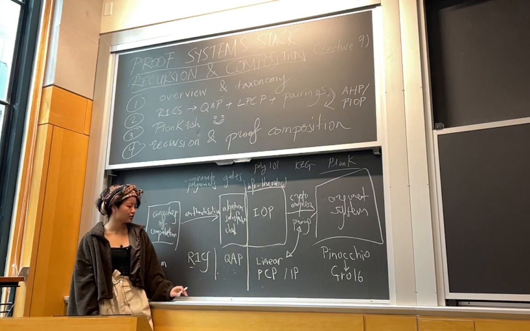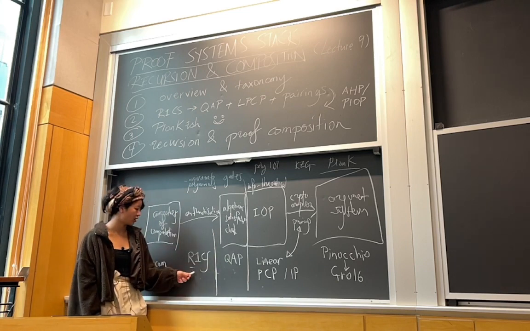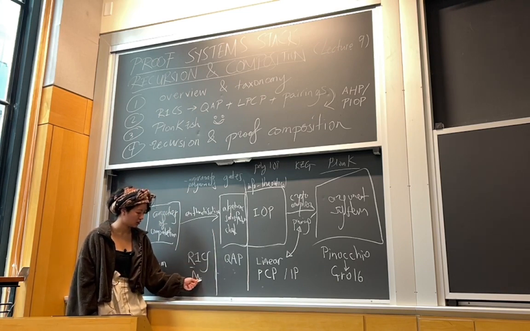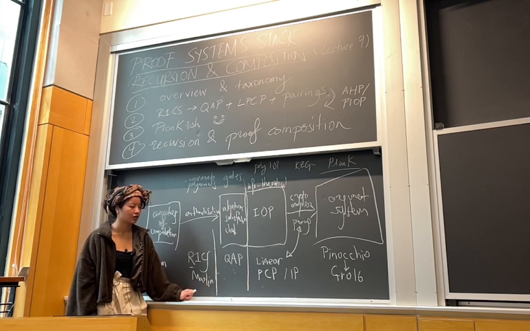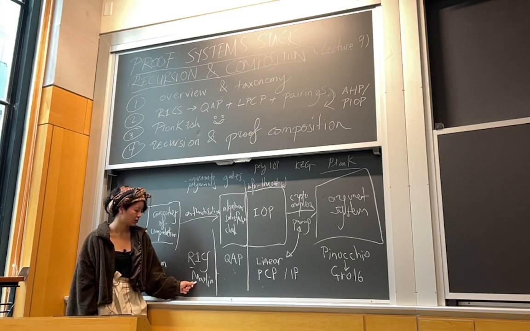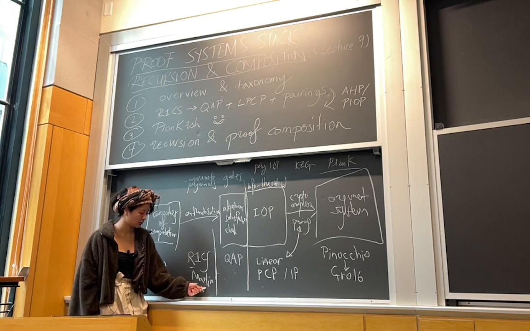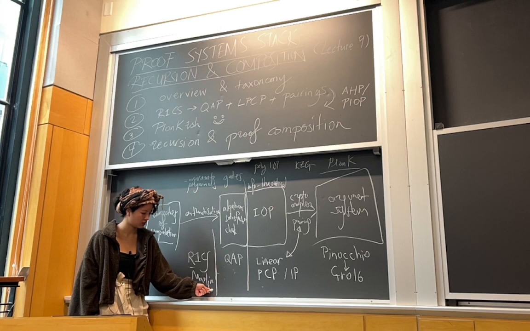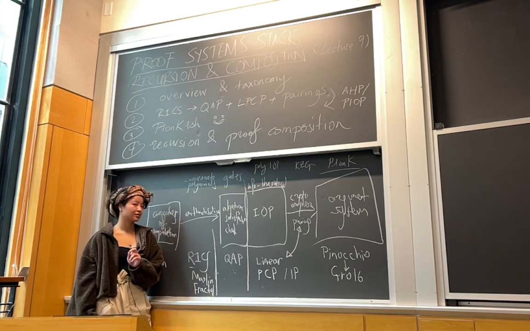So examples of proof systems that do this are Marlin and I think something called Fractal. There was another one, I'm kind of blanking, but it's in the lecture notes.